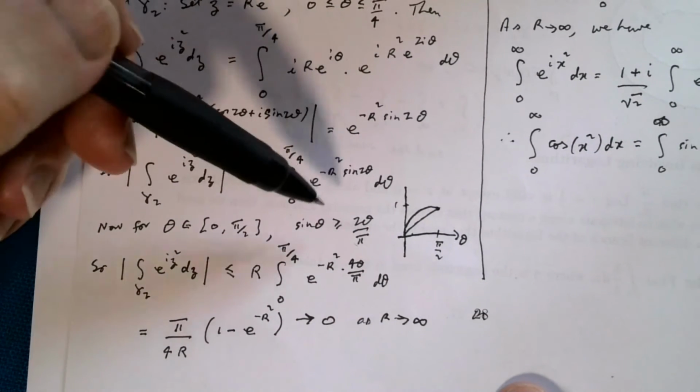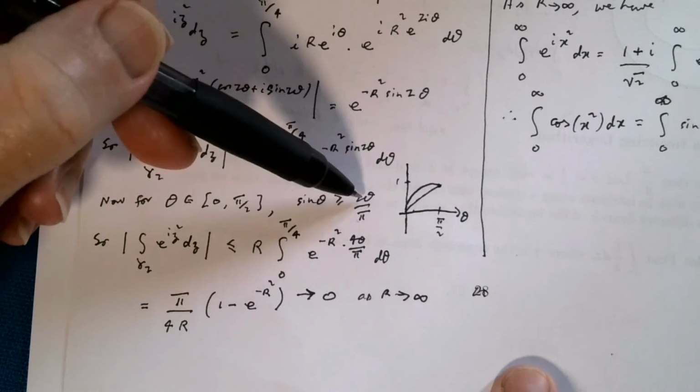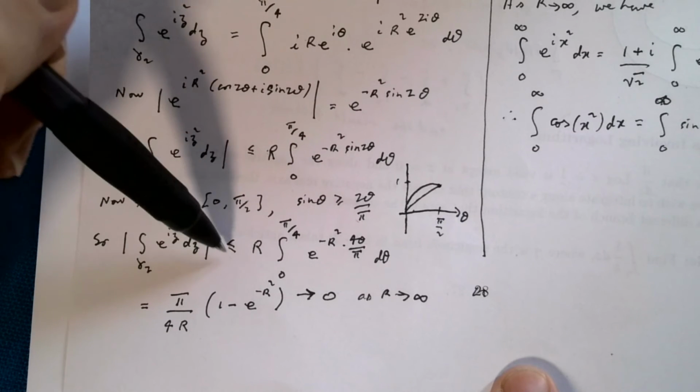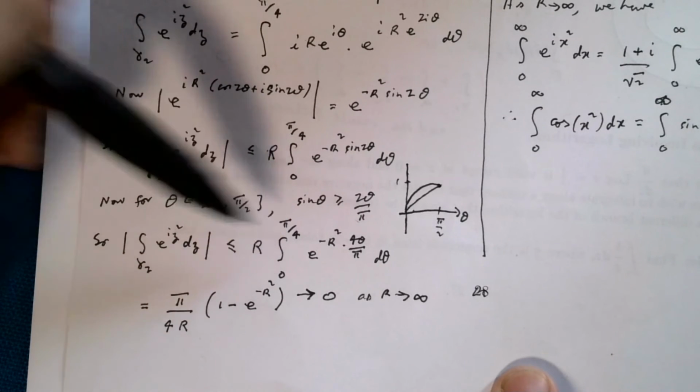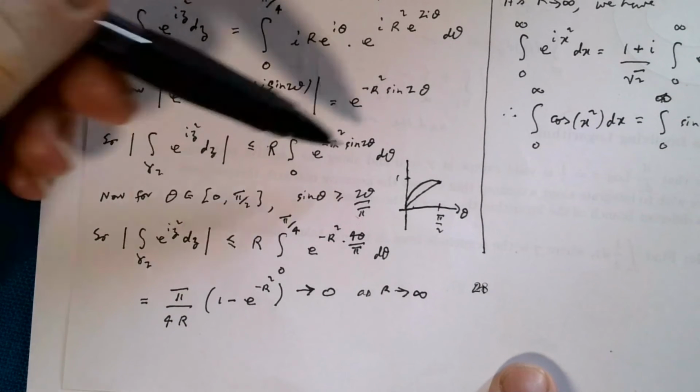That means sine theta is bigger than 2 theta on pi. So I can plug that in and say the modulus of this is less or equal to r times the integral from 0 to pi on 4 of e to the minus r squared sine 2 theta.